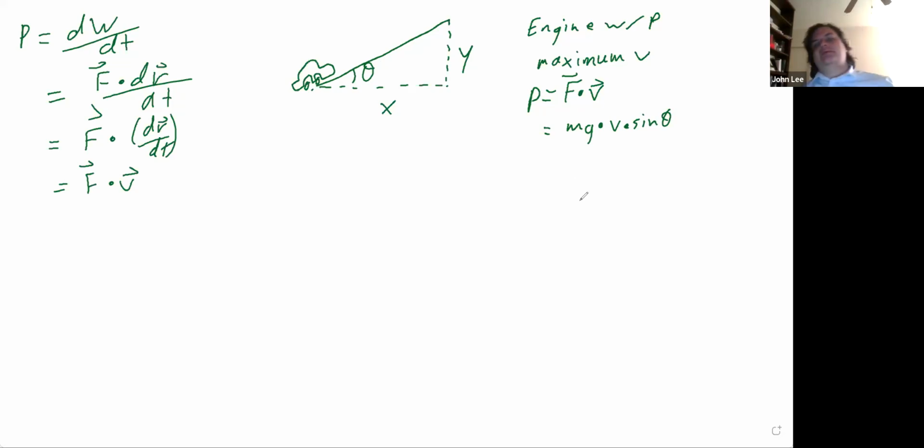So instead of being power dependent, this way is actually velocity dependent and depends on the grade of the material.